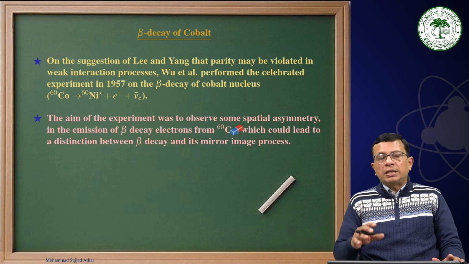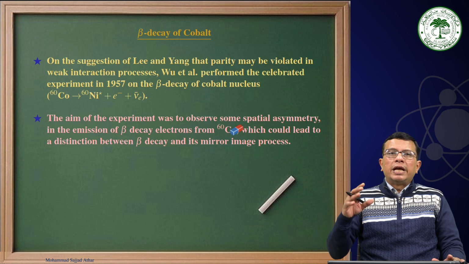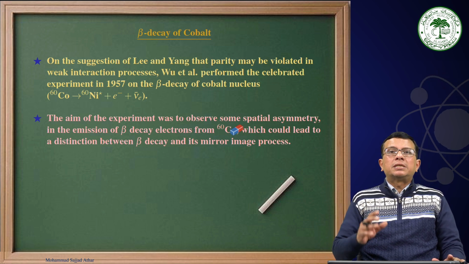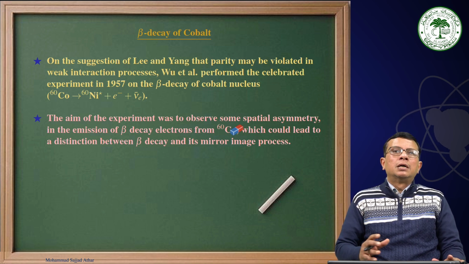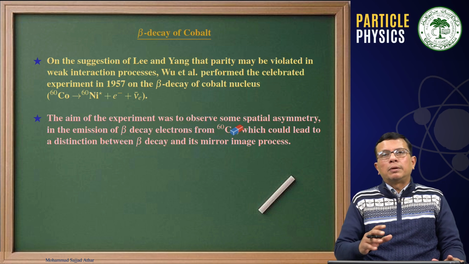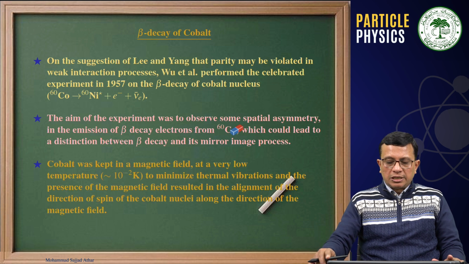That means whether there is a preference in the emission of the electrons in one direction or not. If there is a preference, then there is an asymmetry, and if there is an asymmetry, that means nature is favoring a definite direction rather than both directions. Therefore, this was the aim of this experiment.